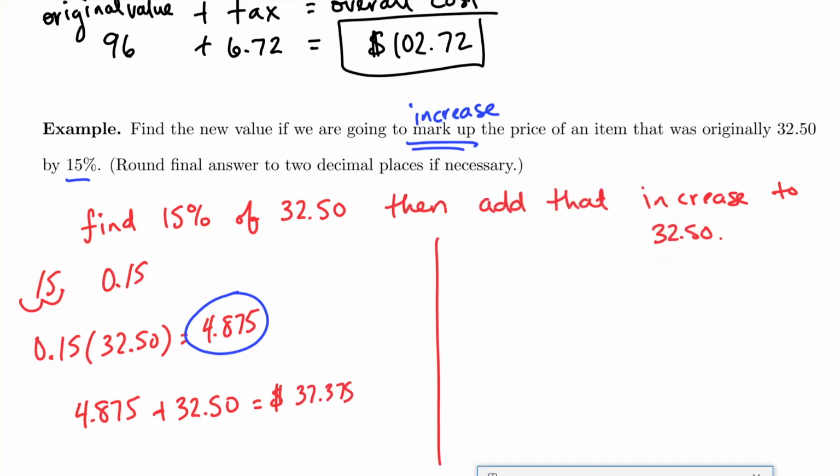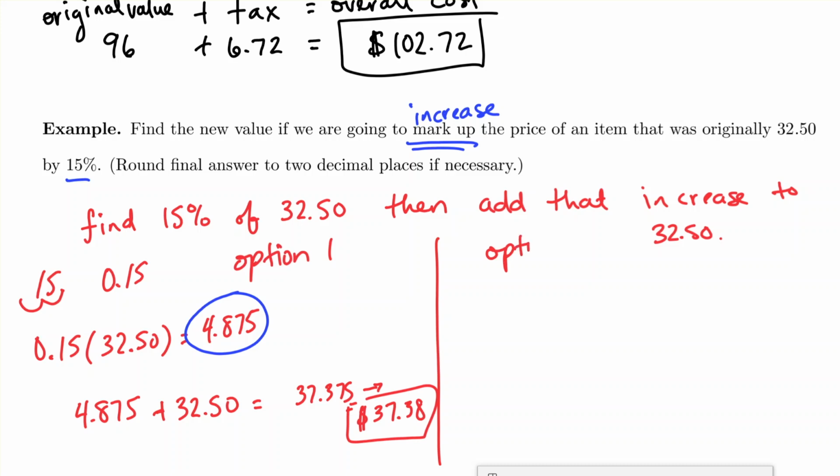Now for us, since it's money, we just use 2 decimal places, so we're going to round this up. Looking at the last digit of 5, 5 or greater, you round up, so that rounds to $37.38. And that'll be our increased price. So that's option 1 of how to solve this problem.